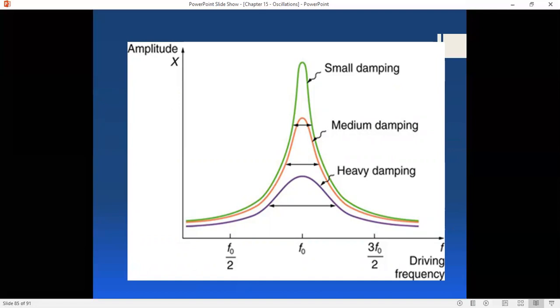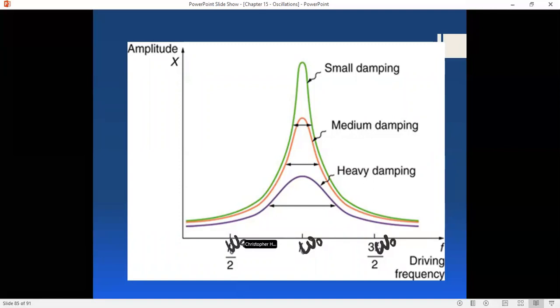If we graph amplitude as a function of the frequency, and you can even write this with omega instead of this f here. Okay, there are no units here, so we can write it this way too.